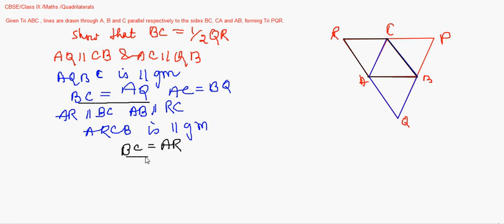Now we see BC is equal to AR, thereby making AQ equal to AR.